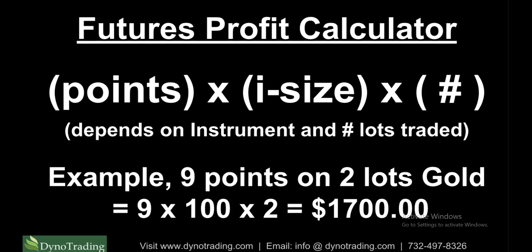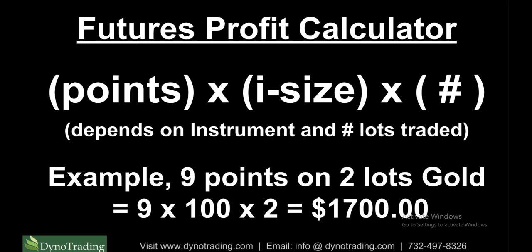The contract size for the ES, which is the S&P 500 futures index here in the United States, is 50. It means one contract contains 50 shares. The Dow Jones, again, one contract on the Dow Jones contains 5 shares. You see what I'm saying? So every instrument is going to have its own contract size.